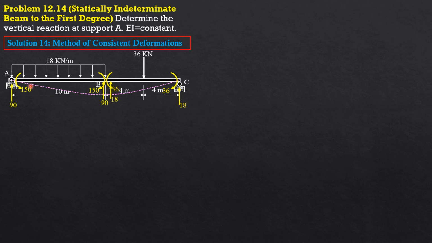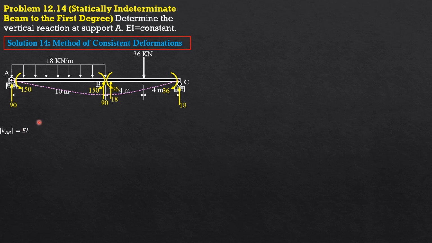Now the elemental stiffness of AB from matrix structural analysis is 12 EI, or let's factor out EI, over L cube. So 12 times EI for AB divided by 10 cube is 3 over 250.